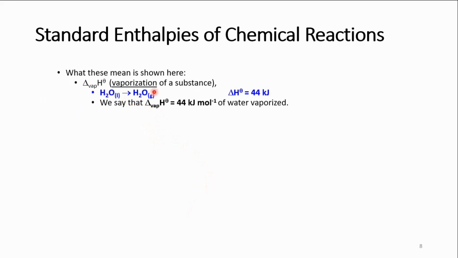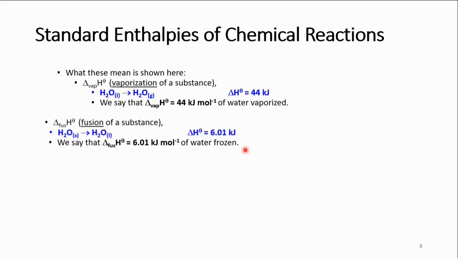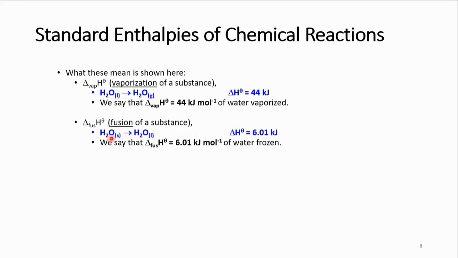For example, look at the standard enthalpy change of vaporization of hydrogen oxide, what we generally call water. You have the liquid being converted to steam, and that requires 44 kilojoules per mole. So every mole of water that you are vaporizing requires 44 kilojoules. You could also look at sublimation.